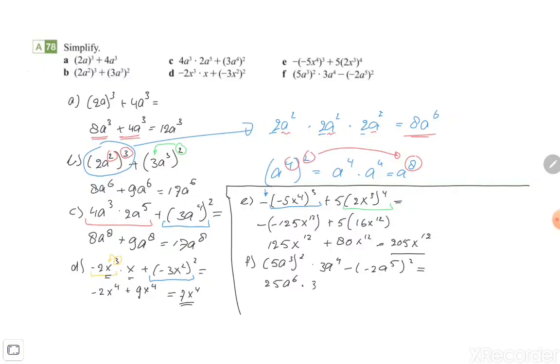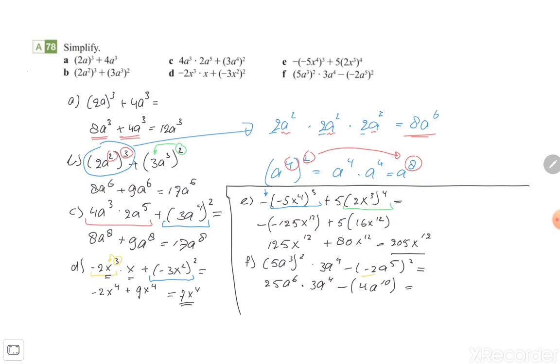And later we need to multiply it with 3a to the power of 4. Because first we need to do minus, and then inside the bracket again, minus 2 squared is 4, and (a to the power of 5) squared is a to the power of 10.